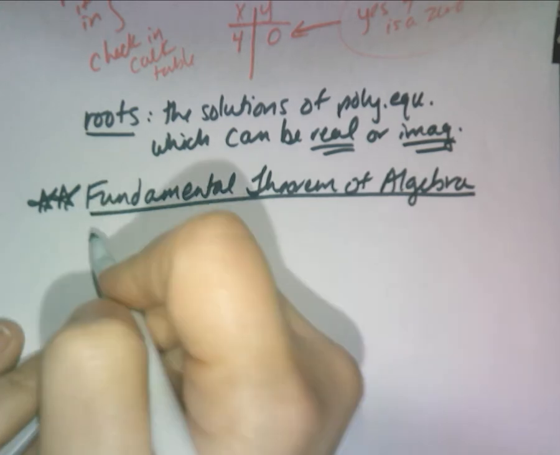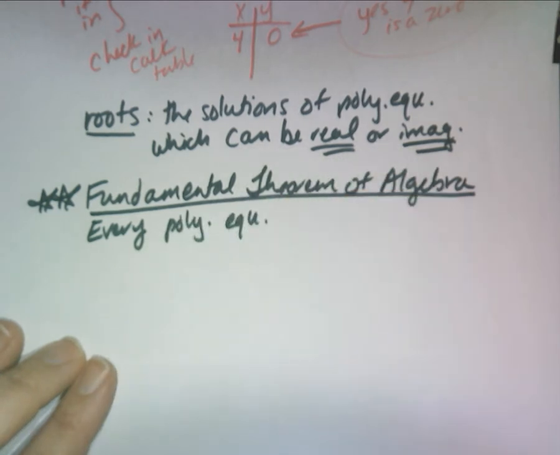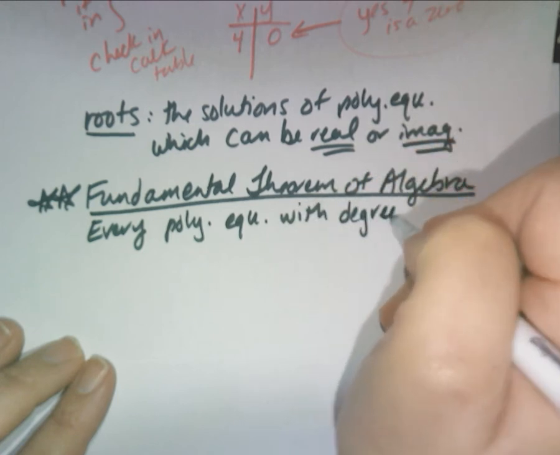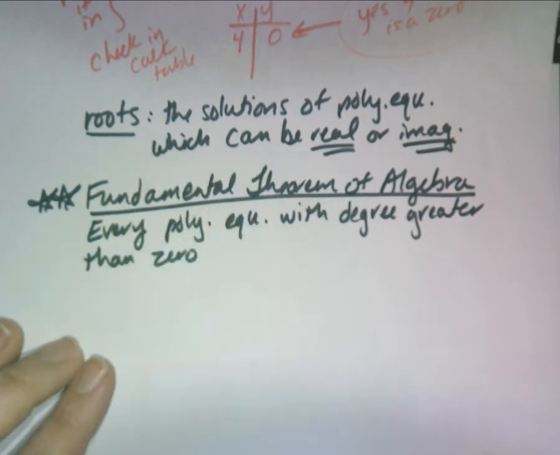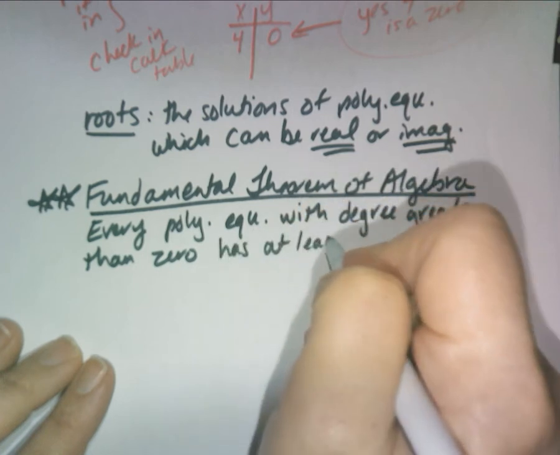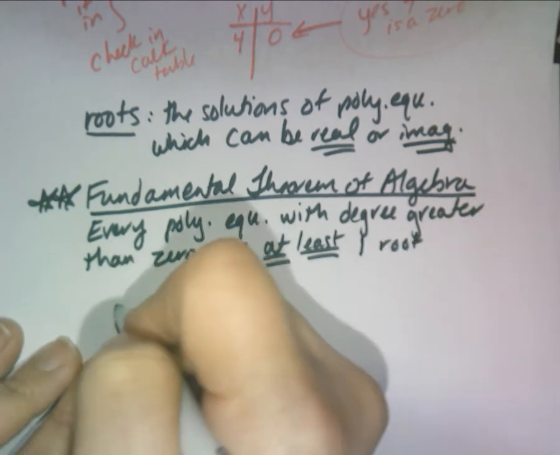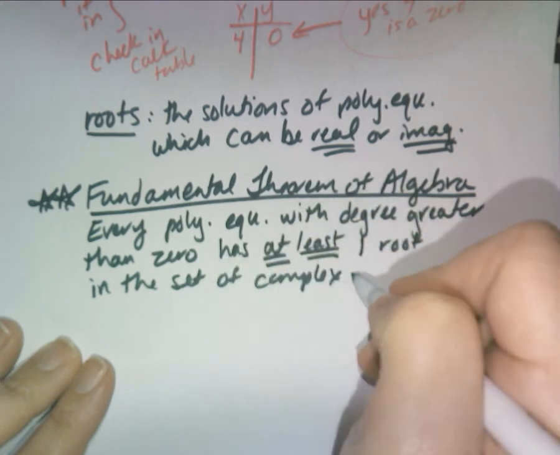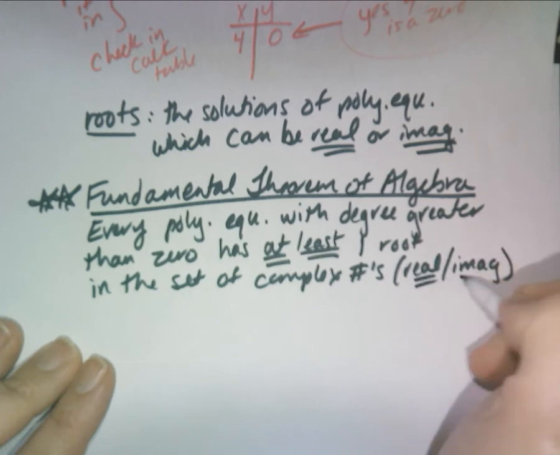The fundamental theorem of algebra says the following: every polynomial equation with a degree greater than 0 has at least one root in the set of complex numbers, meaning real or imaginary. That's what the complex number system means, if you don't remember that.